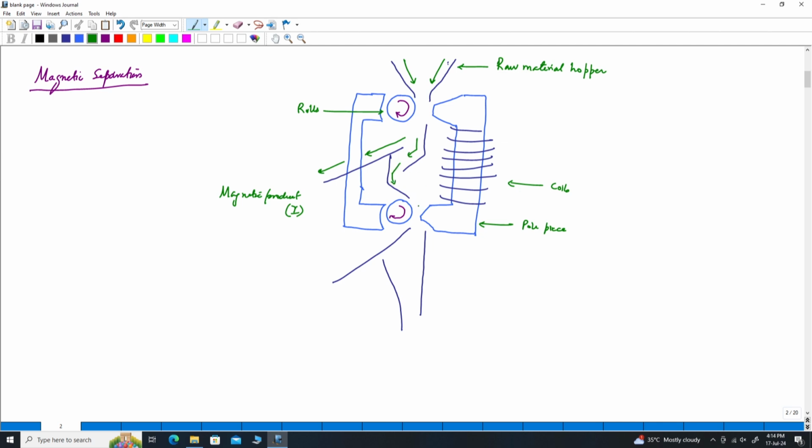The rest of it comes down here, and then we can have a second product. So we have magnetic product 2. And we have finally the non-magnetic product.